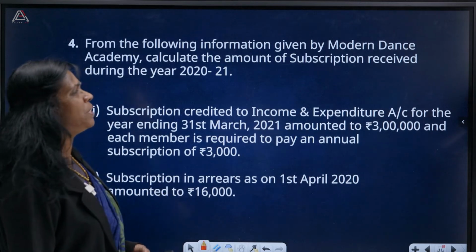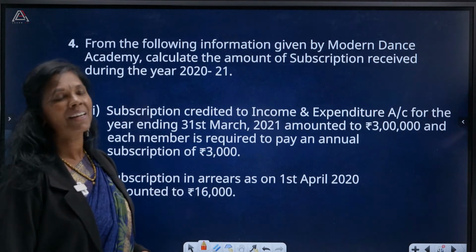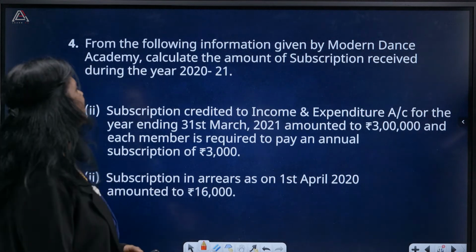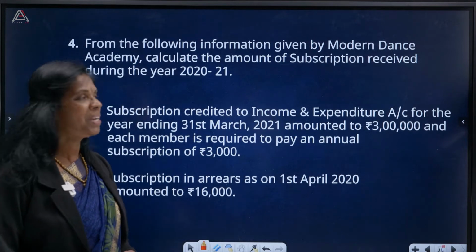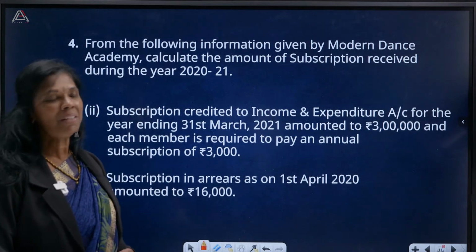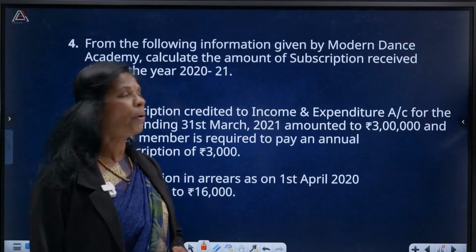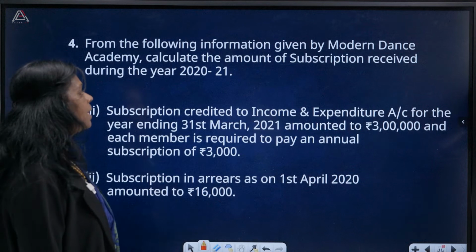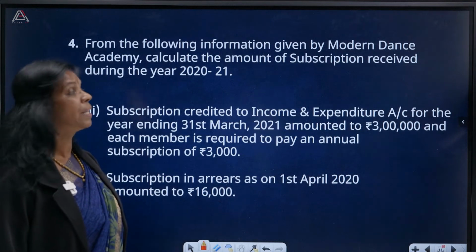From the following information given by Modern Dance Academy, calculate the amount of subscription received during the year 2020-21. Okay, then try to understand the question. First one, subscription credited to income and expenditure account for the year ending 31st March 2021 amounted to rupees 3 lakh.